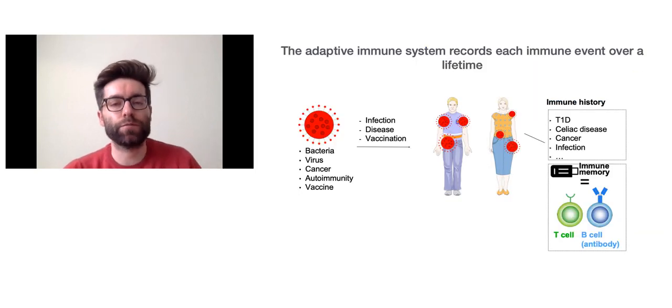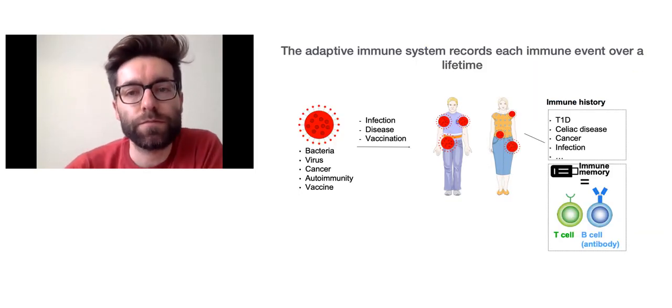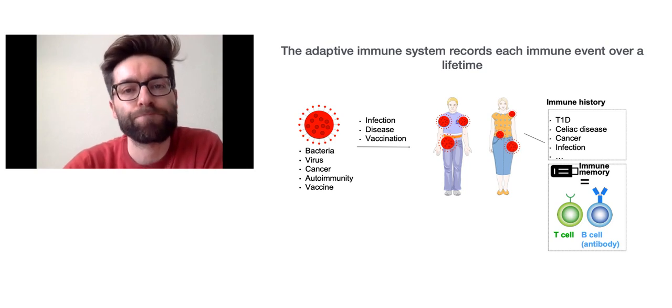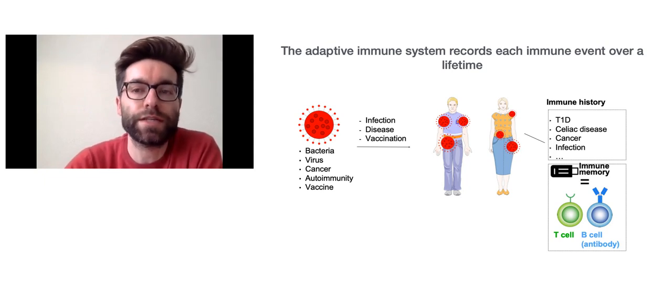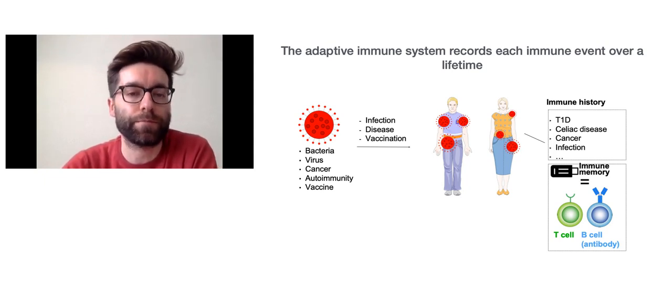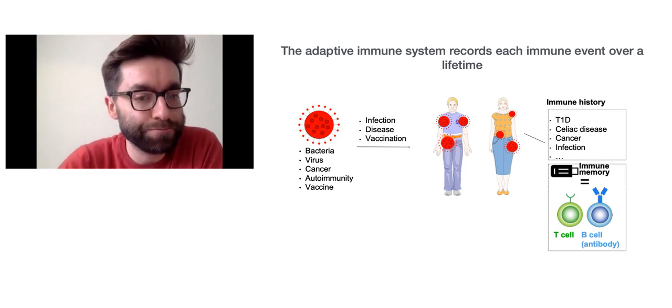So I will give a brief introduction to the adaptive immune system, which is, as opposed to the innate immune system, the part of the immune system that records each immune event over our lifetime.